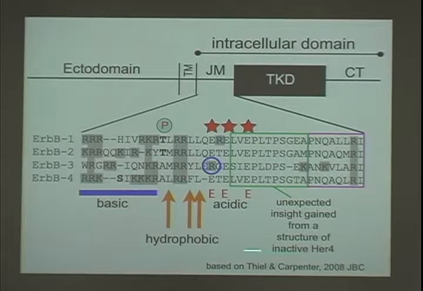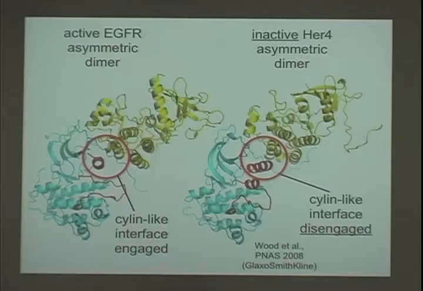published a structure of inactive HER4. They didn't comment on this, but it turns out that they introduced this portion of the juxtamembrane segment. And by looking at that, we gained considerable insight from stuff that's in the protein data bank. Simply put, they put in a covalently bound inhibitor on the right-hand side in HER4, which causes the kinase to be in an inactive conformation.